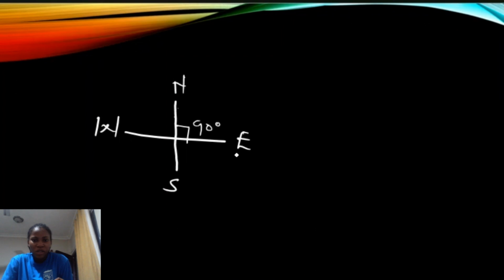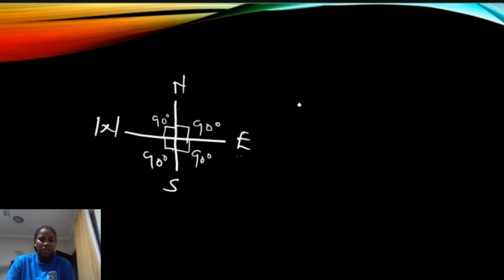The angle between the east and south is also 90 degrees. The angle between the south and west is also 90 degrees. The angle between the west and north is also 90 degrees. So going round is 360 degrees.